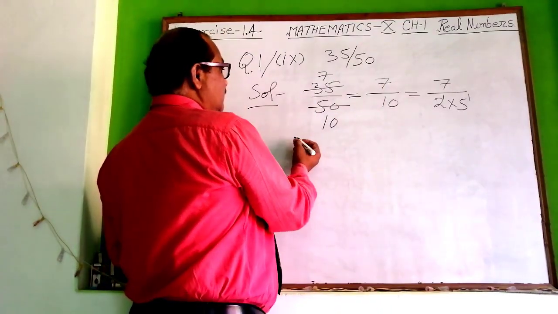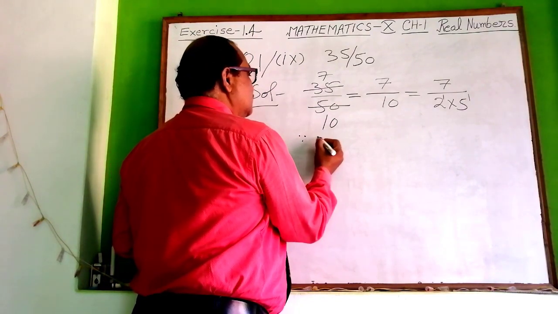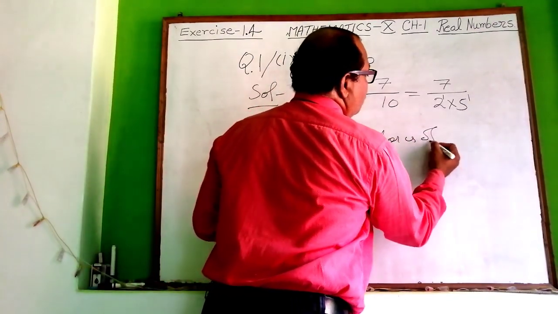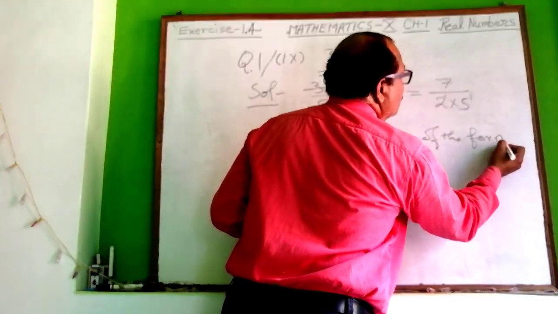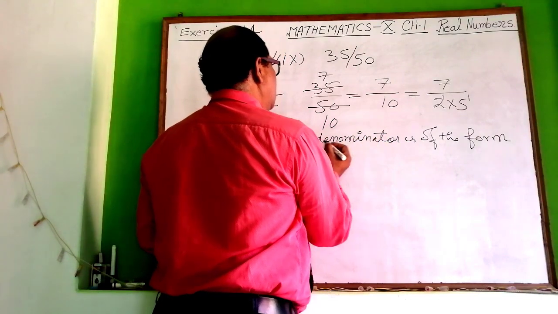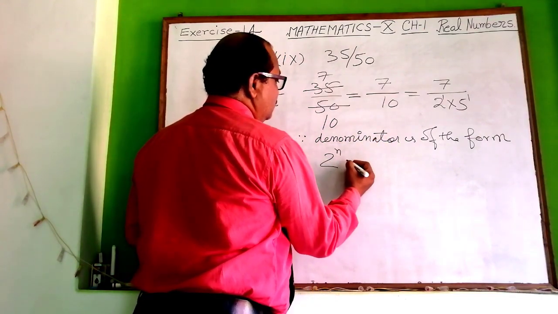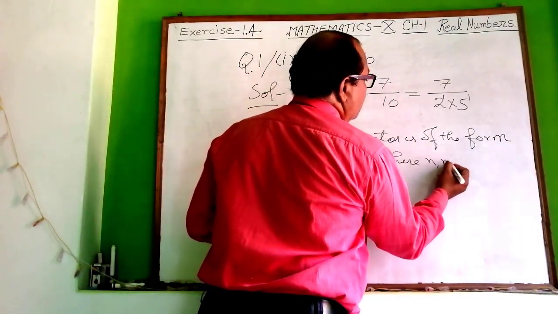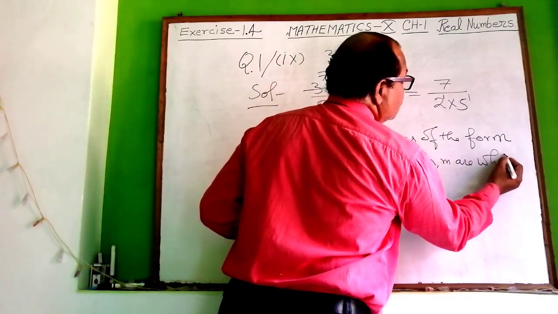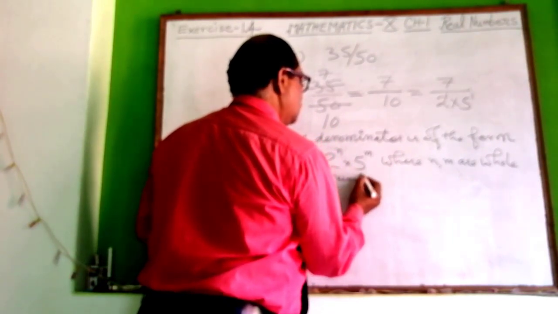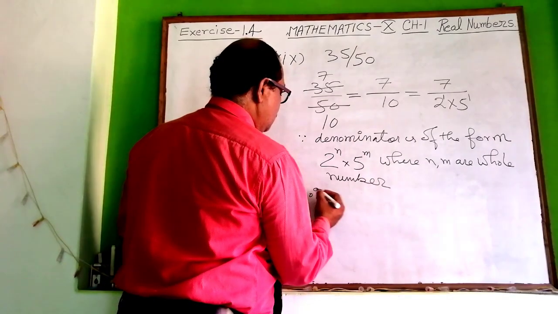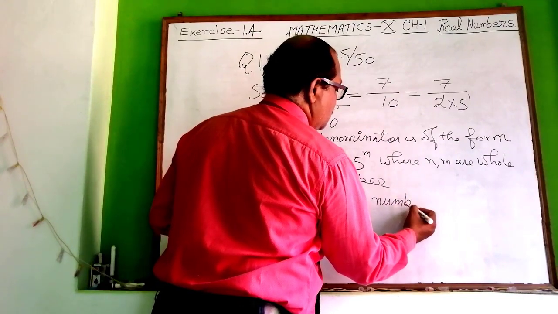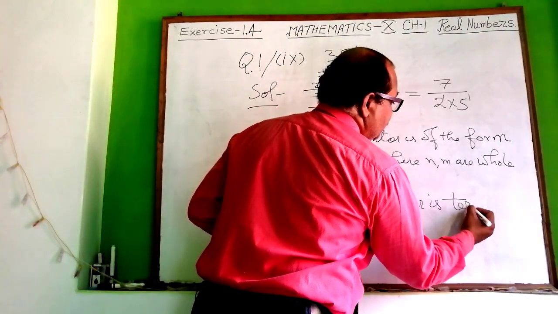So what you will write here: since the denominator is of the form 2 to the power n into 5 to the power m, where n, m are whole numbers, therefore this number is a terminating decimal.